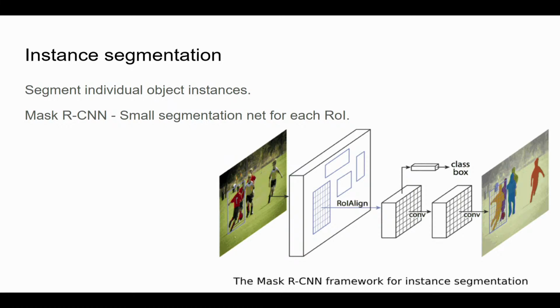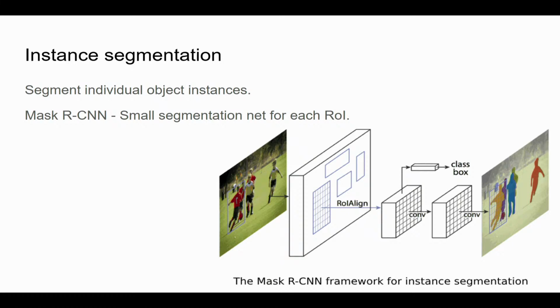To get individual segmentations of individual objects, we have a task which is called instance segmentation. That's segmentation of individual instances of objects. Usually it's done with the second layer of heads, those sparse heads. So first it's trained as a detector, which detects regions.